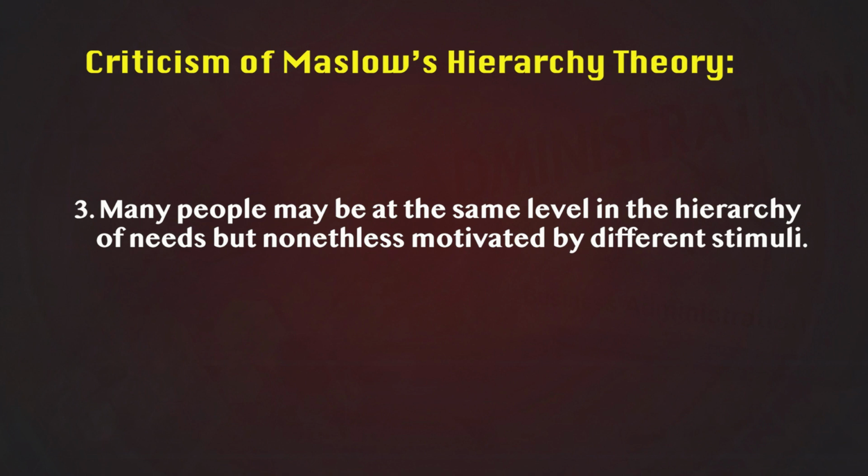Thirdly, many people may be at the same level in the hierarchy of needs, but nonetheless motivated by different stimuli. For instance, some members of the work organization may satisfy their self-esteem need by earning more money.